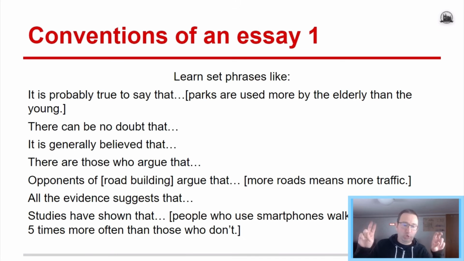Opponents of road building argue that more roads means more traffic. "All the evidence suggests that," and "studies have shown that." Studies have shown that people who use smartphones walk into lampposts five times more often than those who don't. Again, I just made it up, but it feels true. That's probably true.